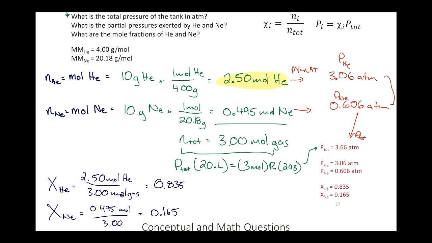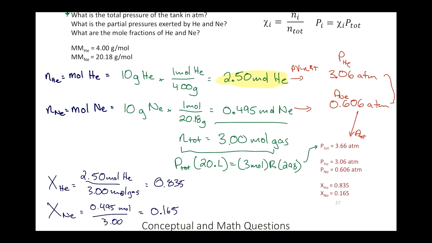So to calculate mole fraction, we can use mole amounts to calculate the fraction of those components. But what we can also do, and this is going to be useful in 1220, is use the mole amount of neon and the total mole amount to calculate mole fraction, or take the partial pressure of neon over the total pressure of the system, and we will get the same exact number.